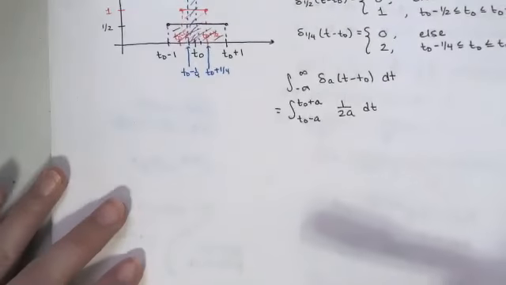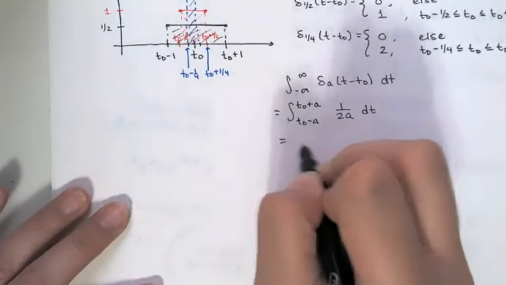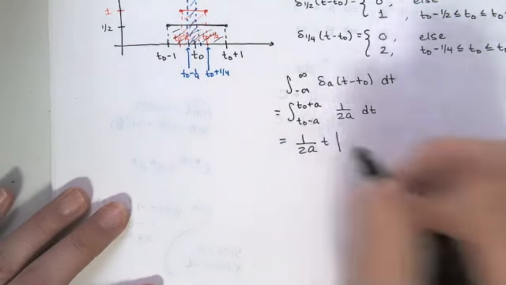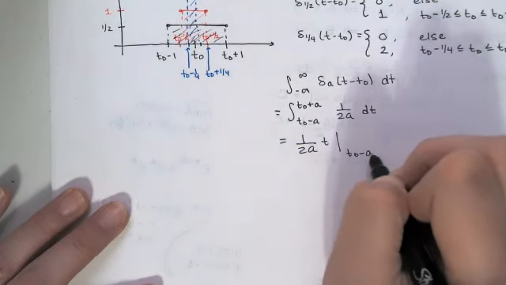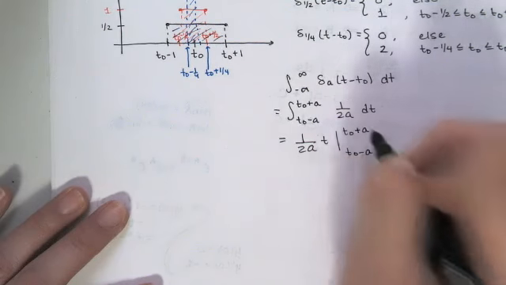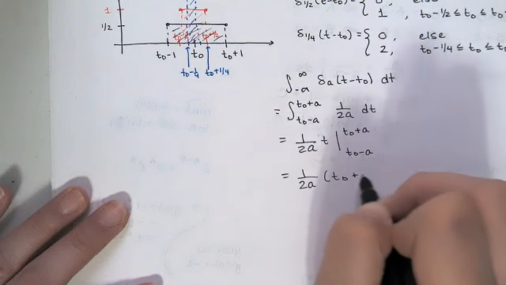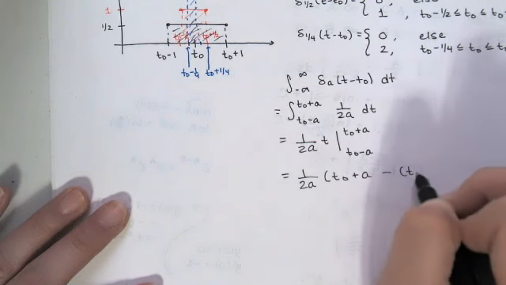And if I'm integrating that with respect to t, 1 over 2a is just a constant, so I just get 1 over 2a times t. And then when we evaluate from t naught minus a to t naught plus a, we have t naught plus a minus t naught minus a.